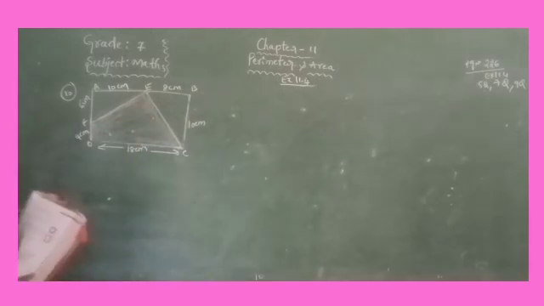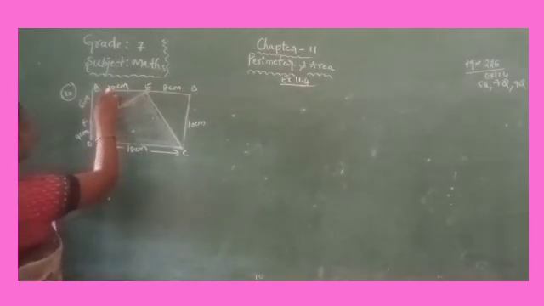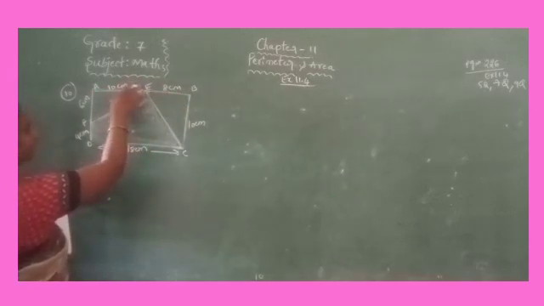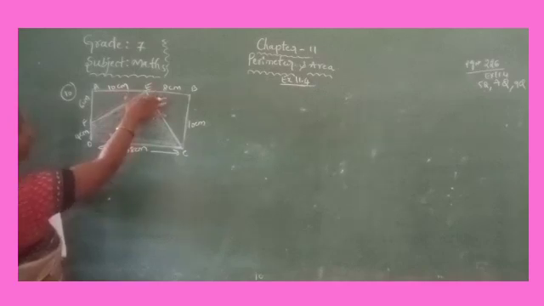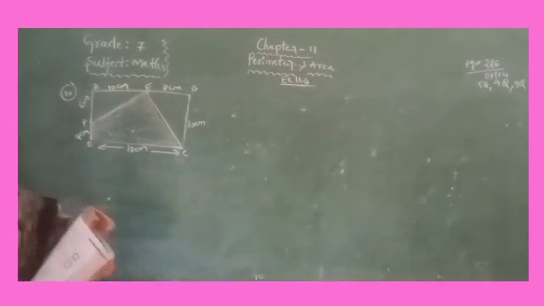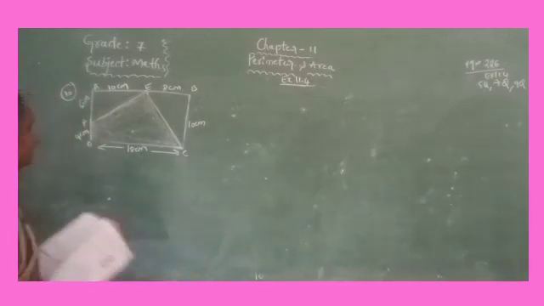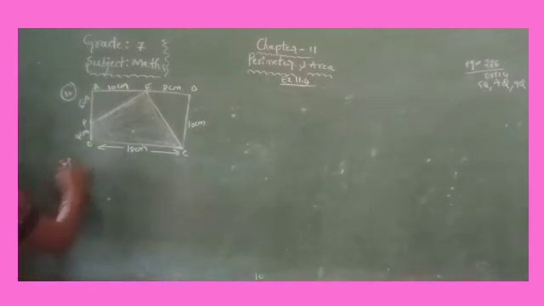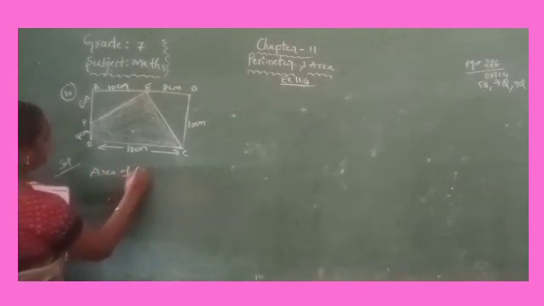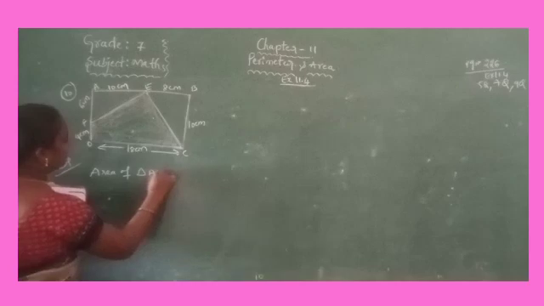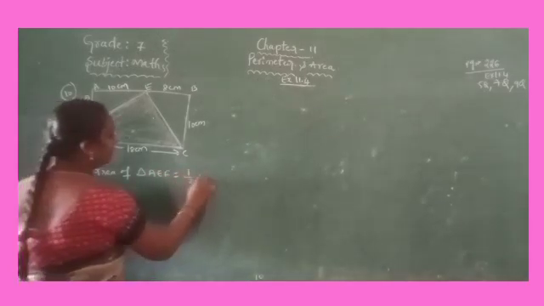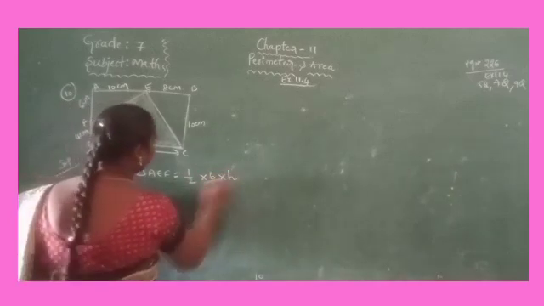How to find that? First find the area of AEF and area of BCE. After adding these two areas and subtracting them from the total, then only we can find the shaded portion. So now I am writing here. First find the area of triangle AEF. What is the area of a triangle? Half into base into height.